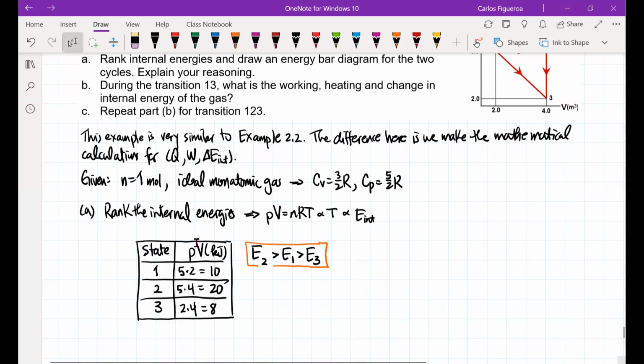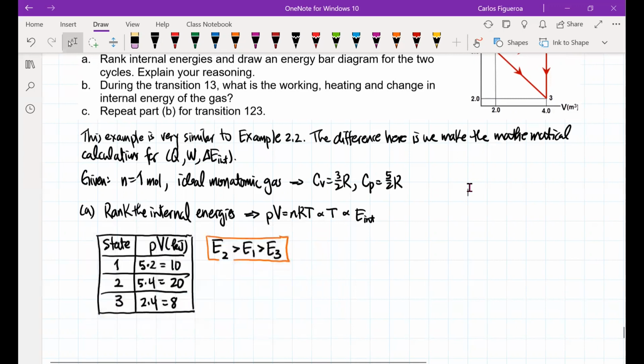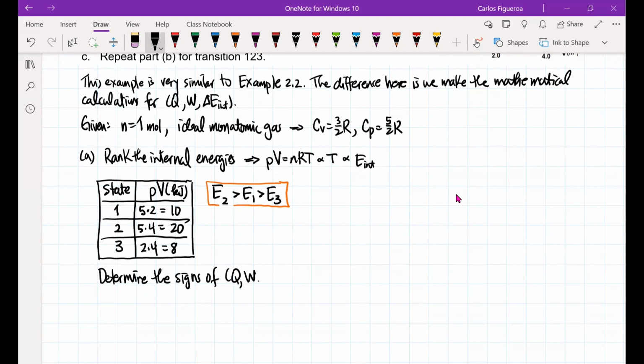So now that I've ranked these things, I want to set up my signs. The next thing I want to do is determine the signs of Q, work, and internal energy.